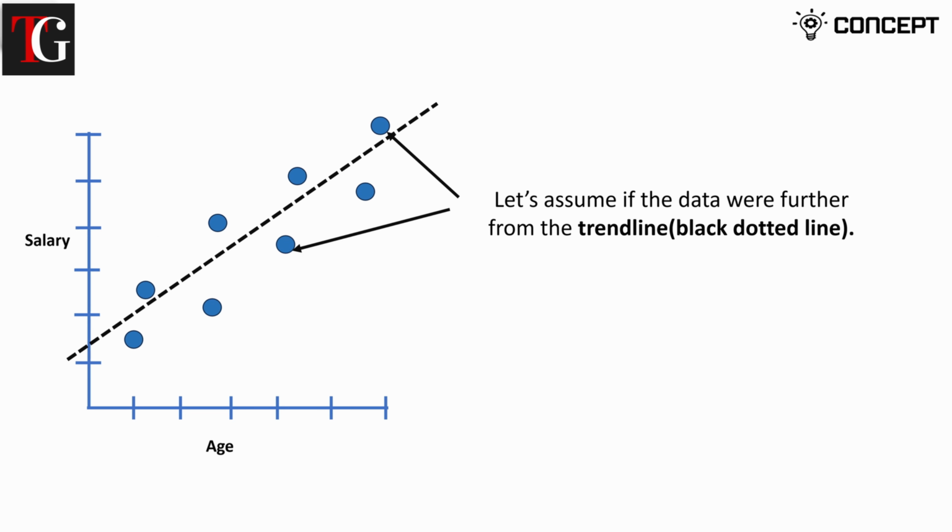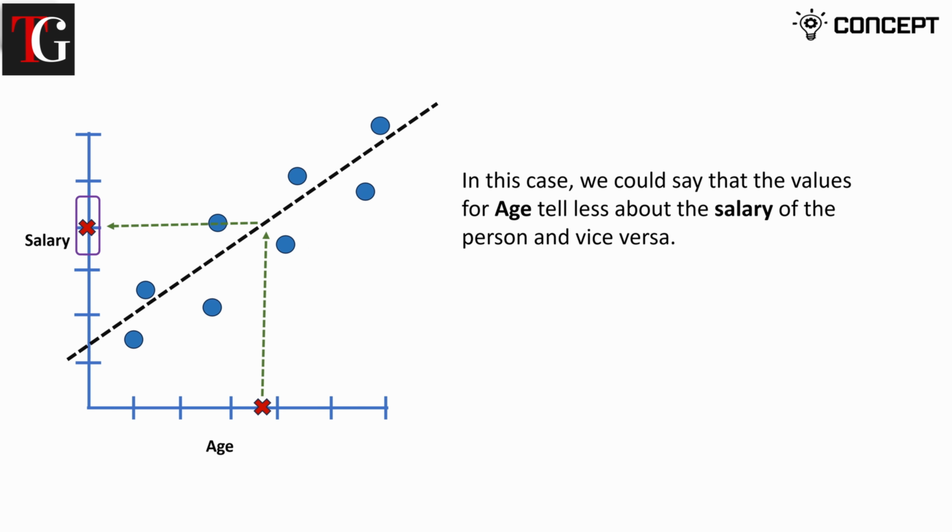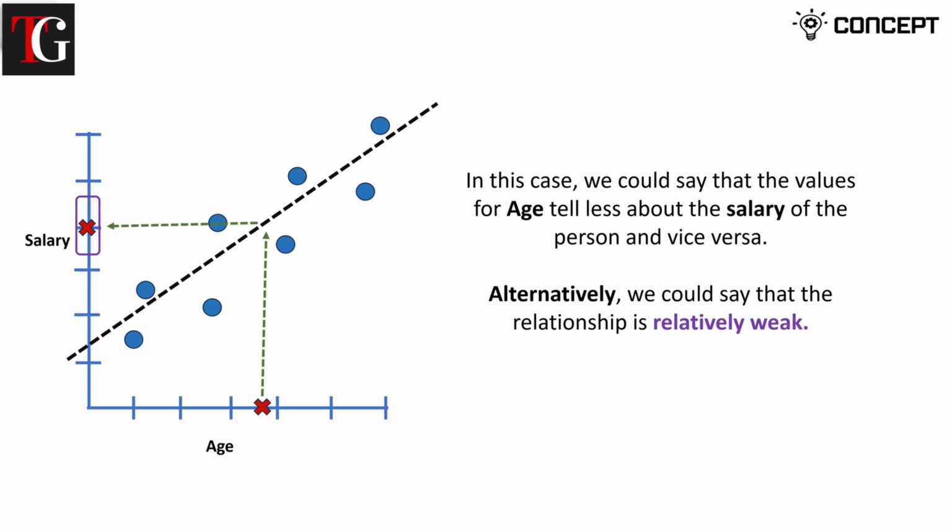Let's assume the data were further from the trend line, that is the black dotted line. In this case, we could say that the values for age tell less about the salary of a person and vice versa. Alternatively, we could say that the relationship is relatively weak.